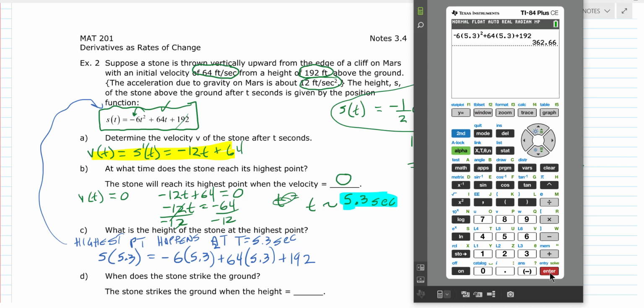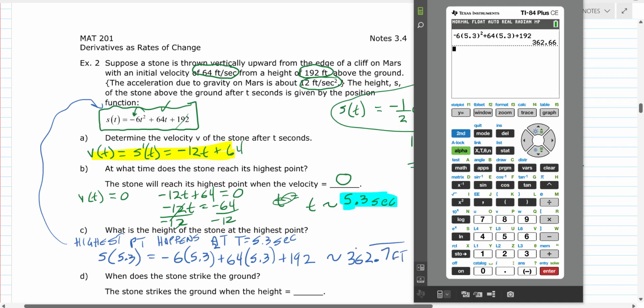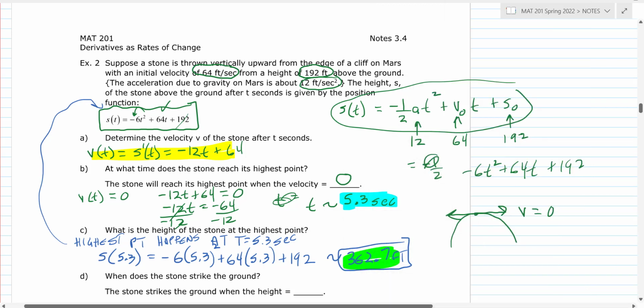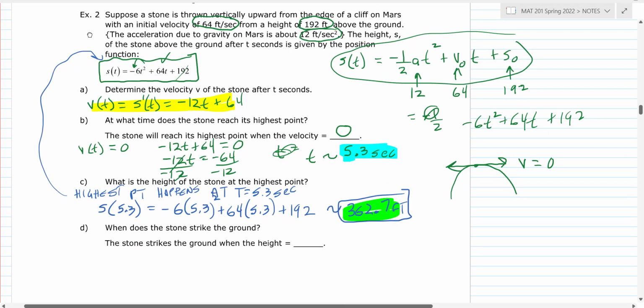So that's about, we'll just round that off to one decimal, that's about 362.7 feet is about what the height of that is. So if we know the position function only, we can figure out all kinds of things about this indirectly with just using mathematics. Okay, so that's how you would crunch that out.